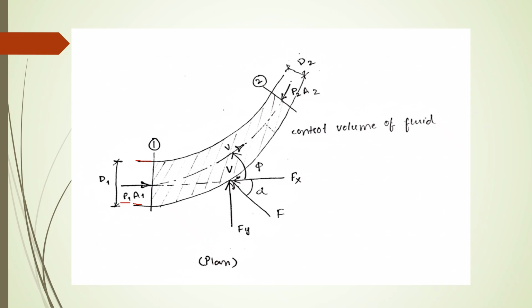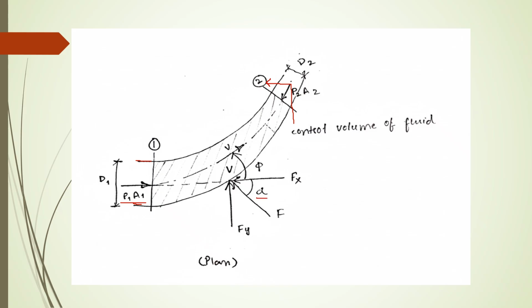Similarly, we have P1 A1 as the applied force at cross section 1, and then P2 A2 at cross section 2. But this P2 A2 now needs to be taken as its components, where the angle of the bend is equal to alpha.